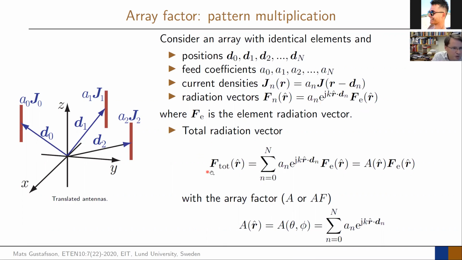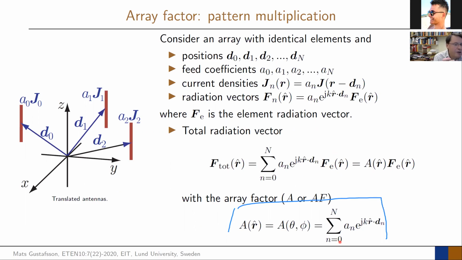So the total radiation vector from all of these elements I get as a sum of the individual radiation vectors. And this element pattern sits in all of them. That means I can move it outside of this sum, and I can call the rest of this an array factor, and that is separate from the element pattern I have here. So the array factor only depends on the positions.